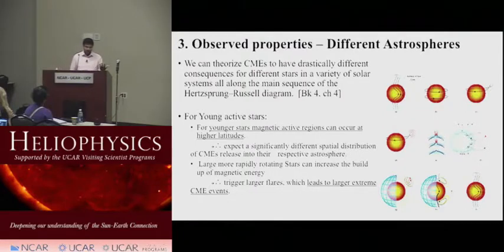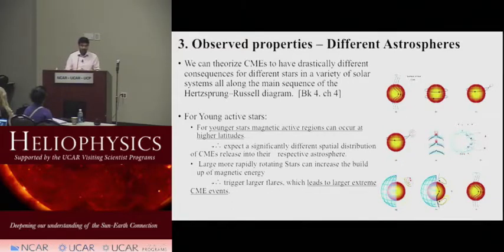As an example, for young active stars, younger stars can have active regions that occur at higher latitudes. If that's true, then we can expect a significantly different distribution of CMEs in their atmosphere. So you're likely to have CMEs that occur at higher latitudes or at the poles, which would be intriguing.